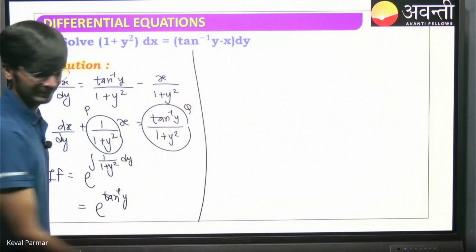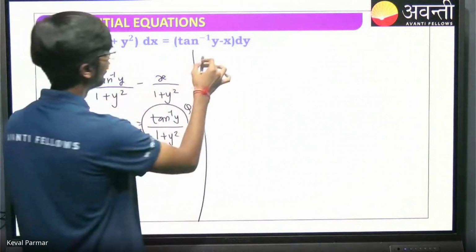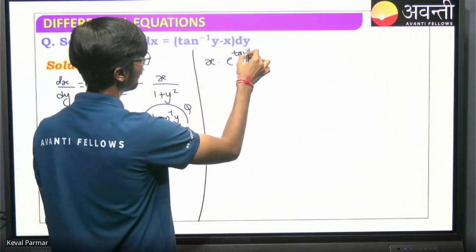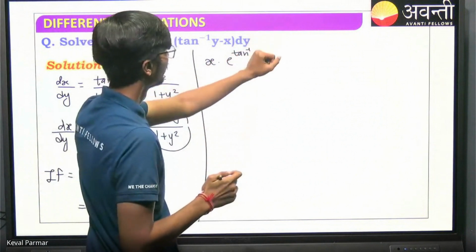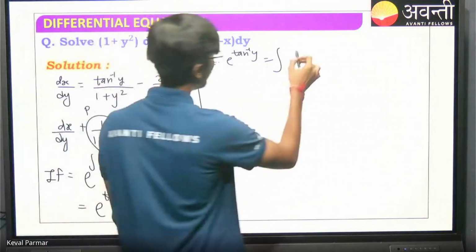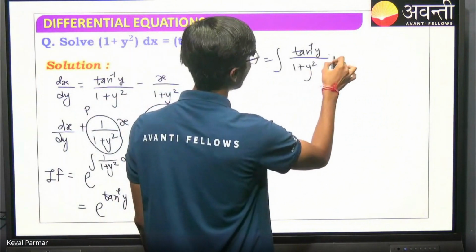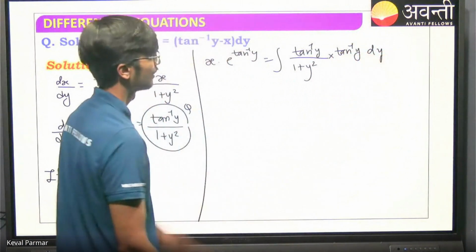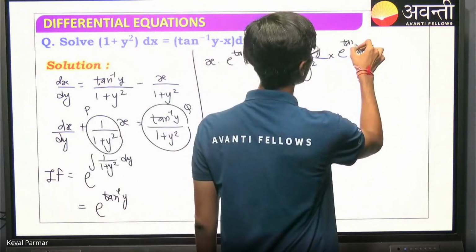And now what will be my solution? Did you get a solution? X into the integrating factor e raised to tan inverse of y is equal to integration of q, tan inverse of y upon 1 plus y square, into e raised to tan inverse of y dy.